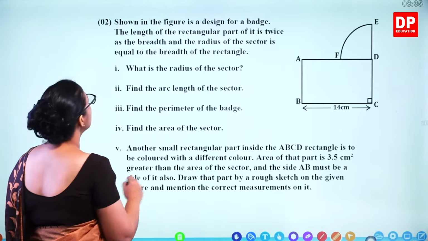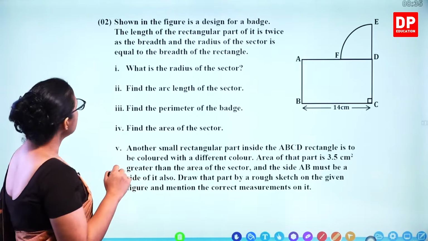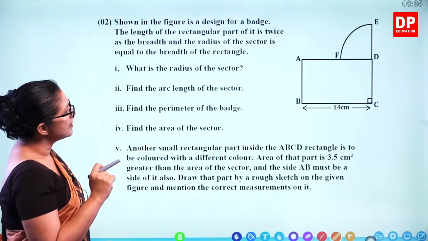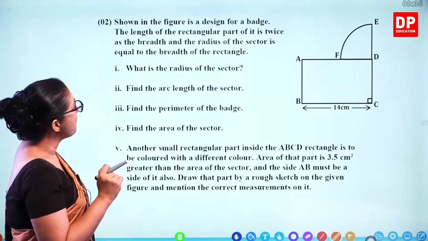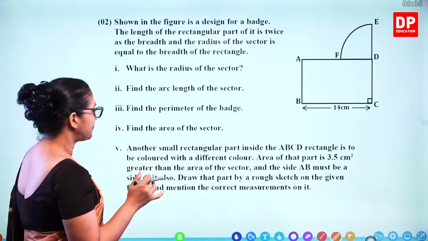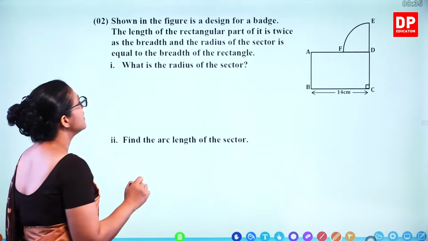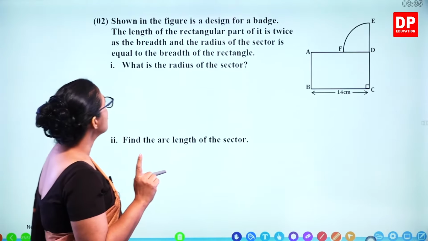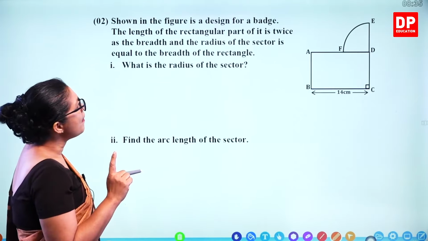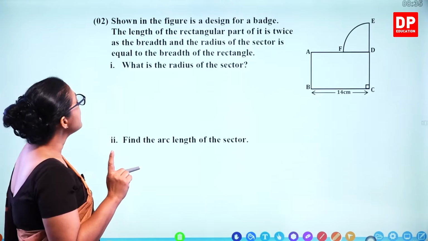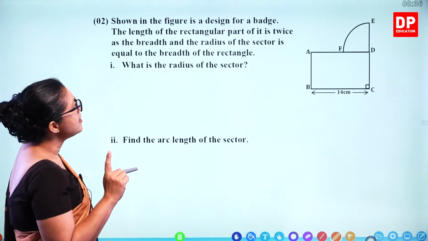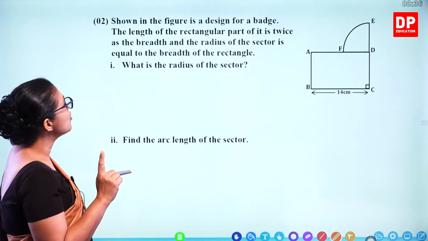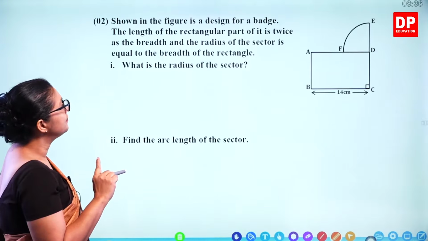Now we'll take the second question. You get 5 parts in that. This is about area and perimeter. So let's do it separately. Shown in the figure is a design for a badge. The length of the rectangular part of it is twice the breadth, and the radius of the sector is equal to the breadth of the rectangle.